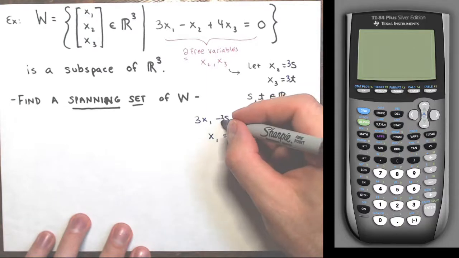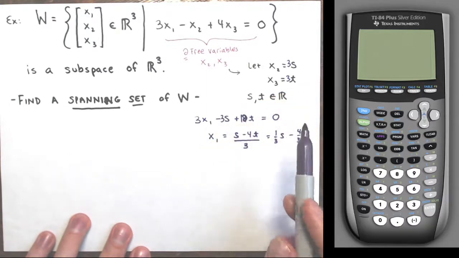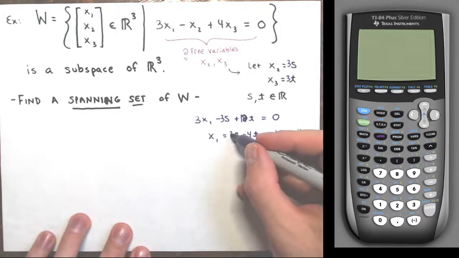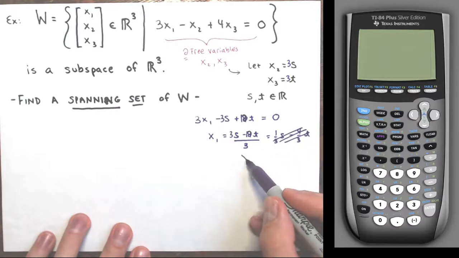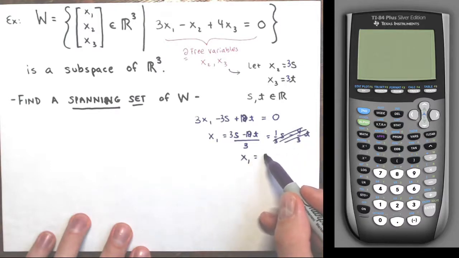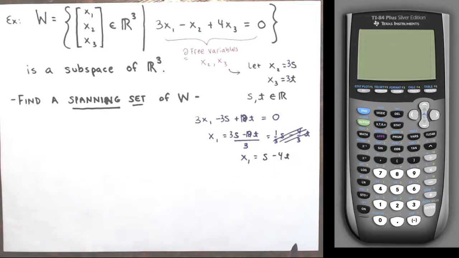So this is now 3s, and this would be 12t, 4 times 3t when I replace x3 with that. And then you have 3s here, 12t there, and that would make this a lot simpler looking. So we'd have x1 equals s minus 4t, just so I don't have fractions. That's the only reason I made those 3s and 3t.